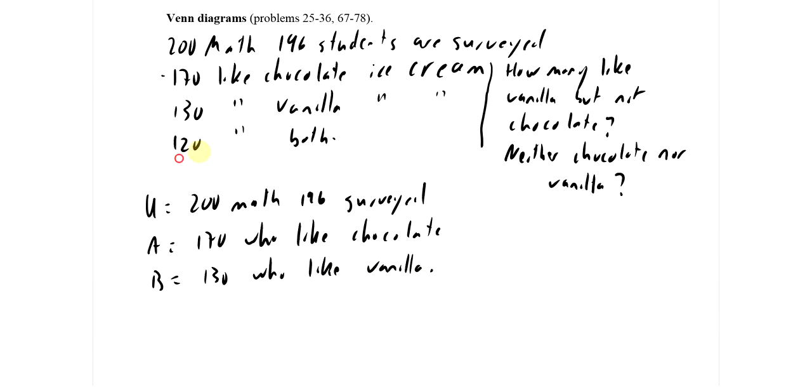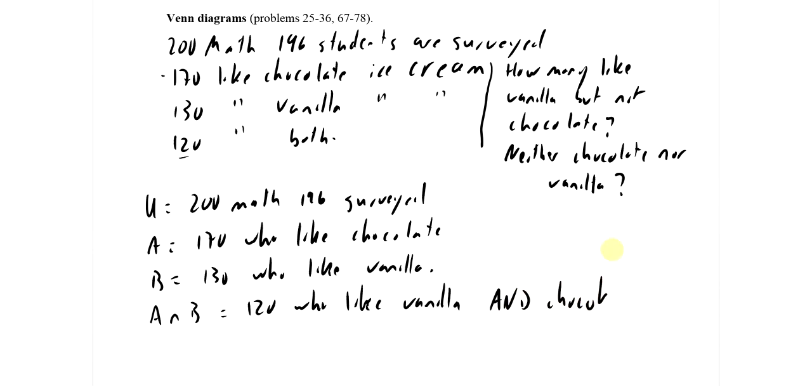So what's this one? That 120 people. Well, the people who like chocolate and who like vanilla. So A intersection B is 120 who like vanilla and chocolate ice cream.